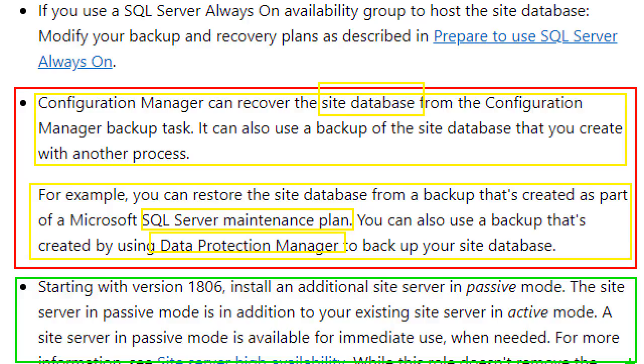So that one is a feature that can help you with high availability and possibly reduce the impact if you ever did have a site server that went down. This is going to be a separate topic that I'm going to talk about in the future. For today's video, we're just going to be talking about the core backup and recovery, which is still going to be a good thing to understand, and you want to make sure that you still have a good backup and recovery plan, even if you were using the high availability feature, of course, in 1806.